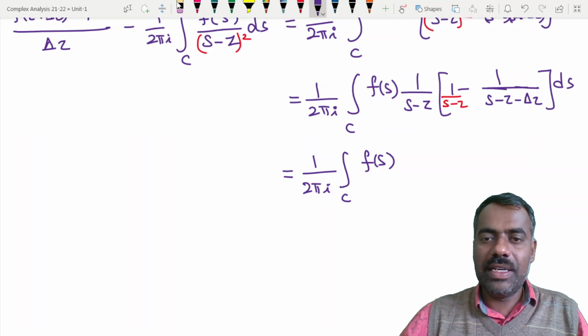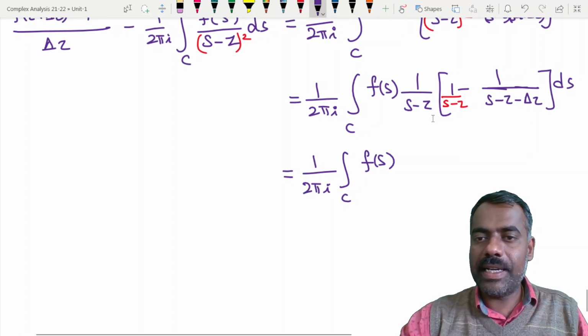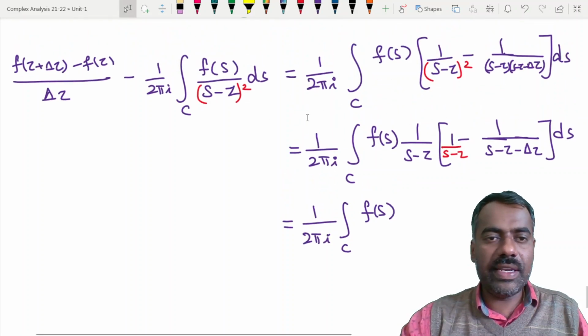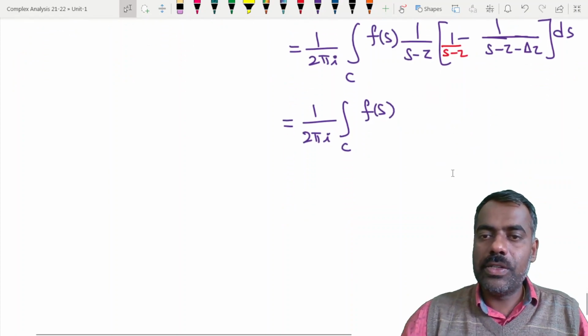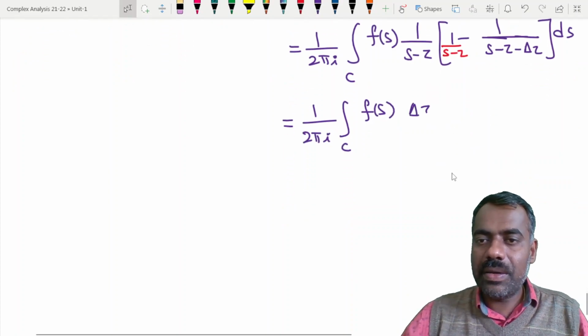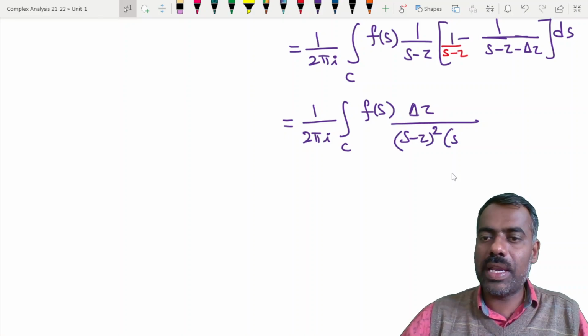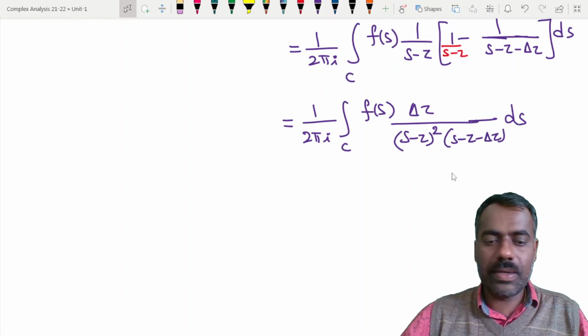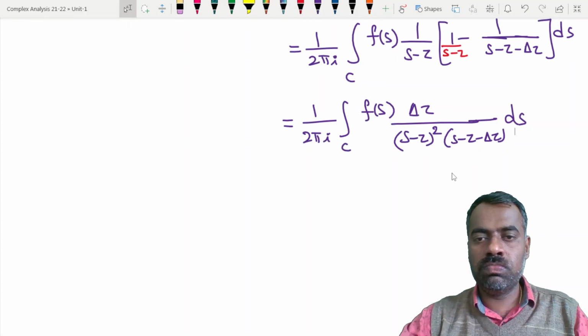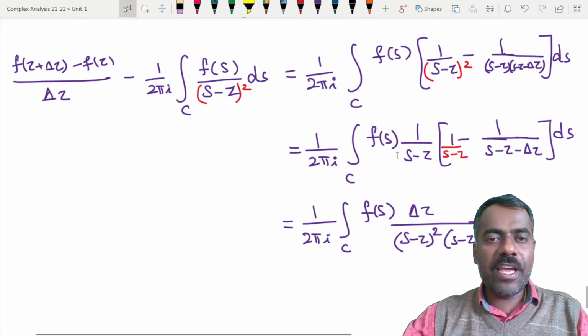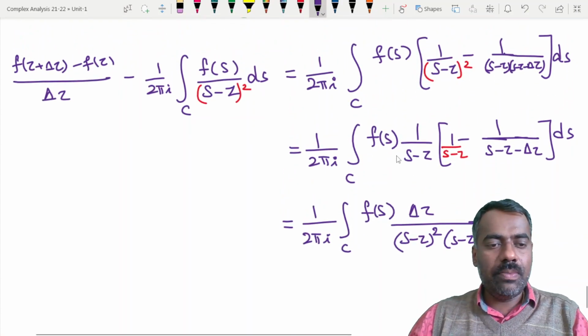This delta z is there, right? Is there any other delta z anywhere? No, fine. So this will be delta z upon s minus z, here 1 over s minus z minus delta z whole square. Fine. So therefore, we want to find the modulus of this.